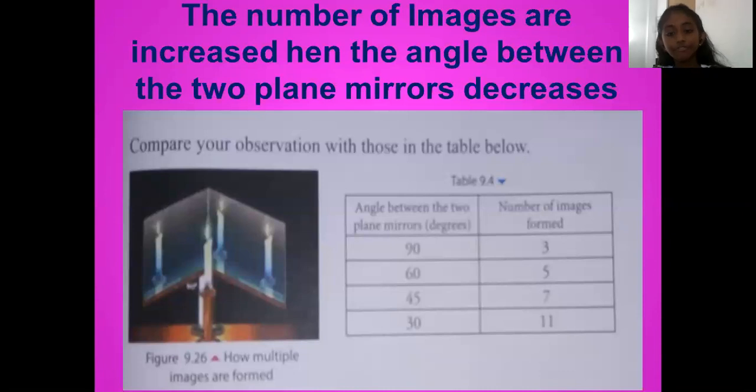And if the angle between two plane mirrors is 45, the number of images formed is 7. And if the angle between two plane mirrors is 30 degrees, the number of images formed is 11. So it goes according to the angle.